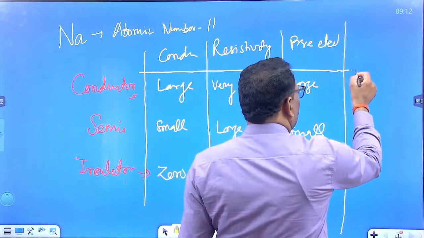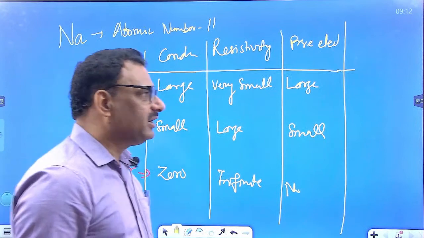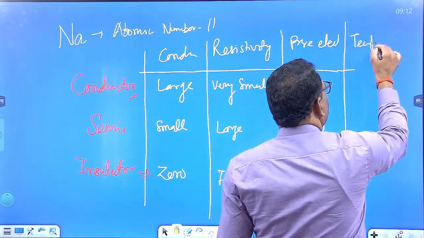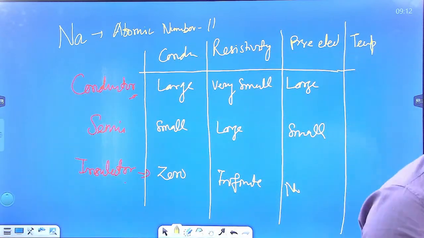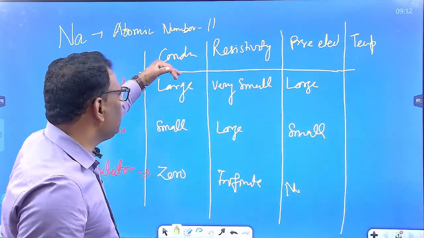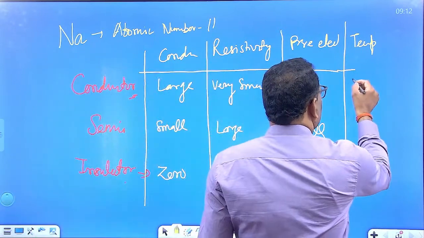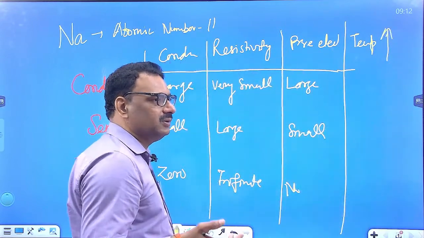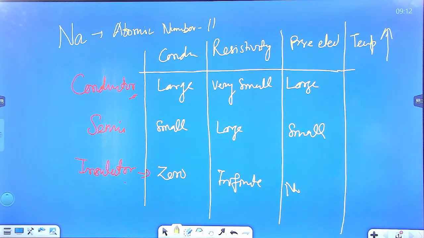And what is the behavior of these materials with temperature? If you increase the temperature, the conductivity of the conductor will decrease. The upward sign indicates that temperature is increasing.